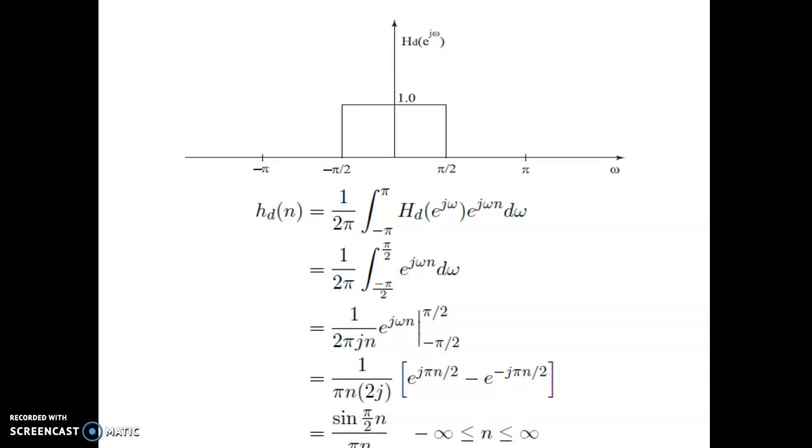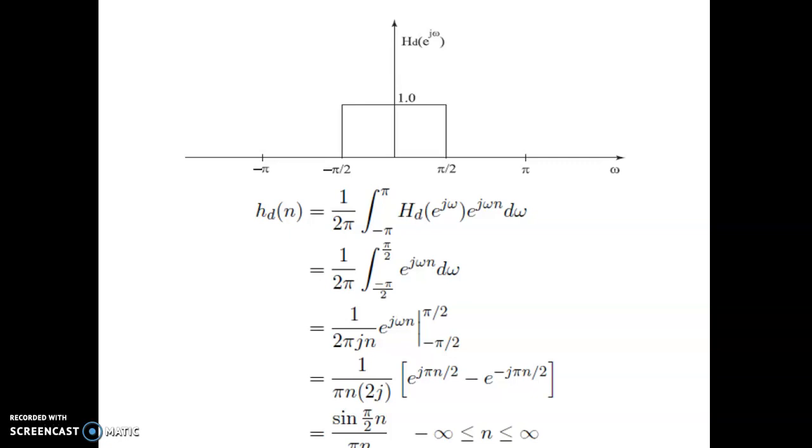So I get 1 by 2 pi jn e raised to power j omega n going from minus pi by 2 to pi by 2, which is 1 upon pi n into 2j, e raised to power j pi n by 2 minus e raised to power minus j pi n by 2. If I take 2j common in the denominator, I can write this as sine of pi n by 2 divided by pi n, where n ranges from minus infinity to infinity.